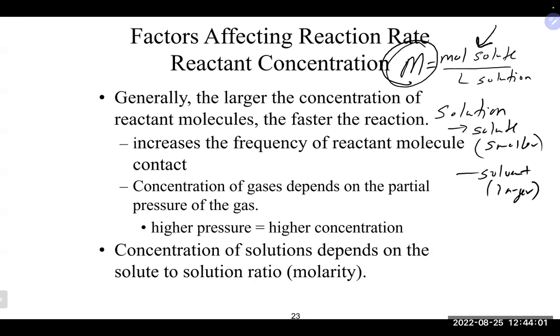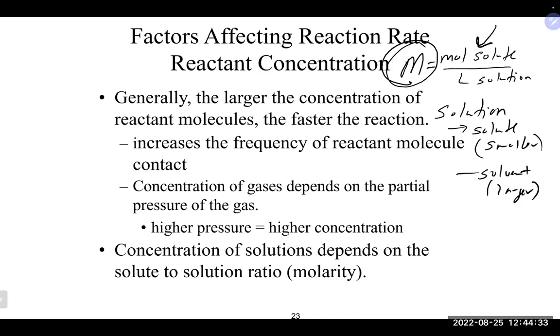That means you have a lot of solute in that solution, and thus a lot of things floating around ready to react a lot faster than if you had a lower concentration. That would mean a much smaller number of solute molecules in there, and thus a little slower time of everybody reacting. So again, large concentrations really do increase the frequency at which those reactant molecules could come together and react.